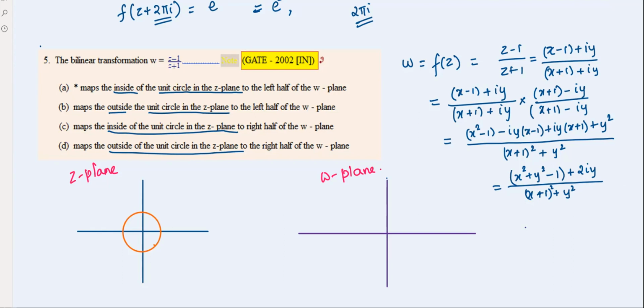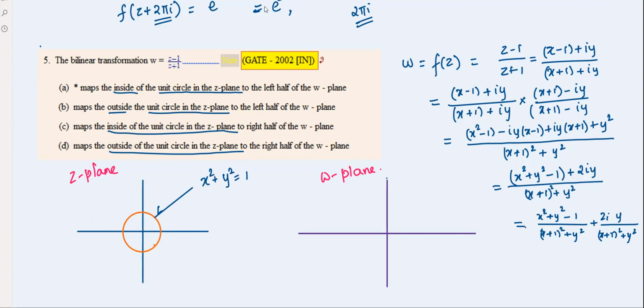Now, let us look at this one. This is x square plus y square minus 1 by x plus 1 the whole square plus y square, plus 2iy by x plus 1 the whole square plus y square. Now, if a point lies inside the circle, see, circle is x square plus y square equal to 1.